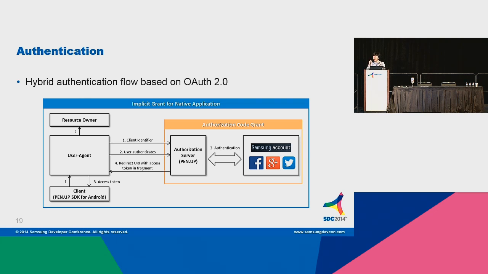Then the app authorization page is displayed to the user. If the user authorizes that application, then finally the PEN.UP library can obtain the access token. It's a little complicated, but you don't need to understand and implement this whole process. Actually, PEN.UP SDK handles the auth protocols and manages the session, and the API for this authentication is provided. So you can just use that API.